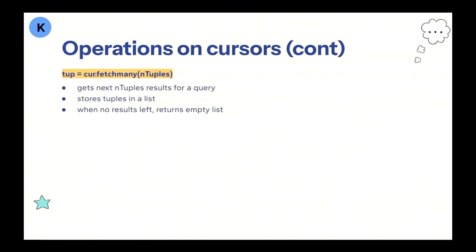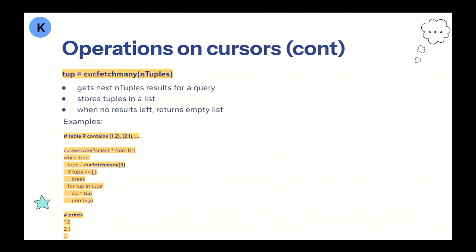And there's another variation here, which is called fetchmany. Fetchmany accepts one parameter, that is the number of tuples. It will give us the next n tuples specified in the parameter for the query. So it will give us multiple results here, and it stores these tuples in a list. And when there's no result left, it will return an empty list.